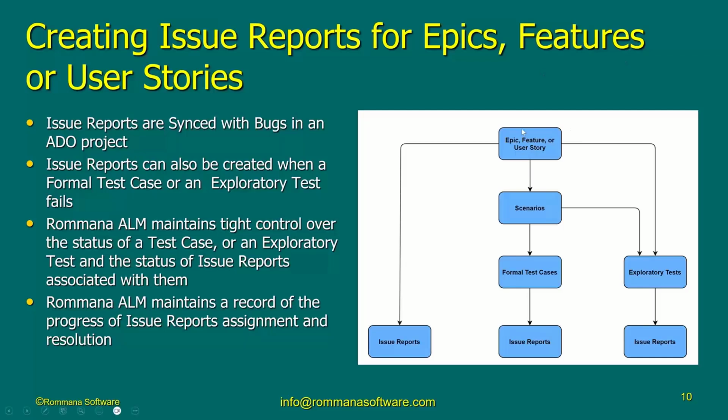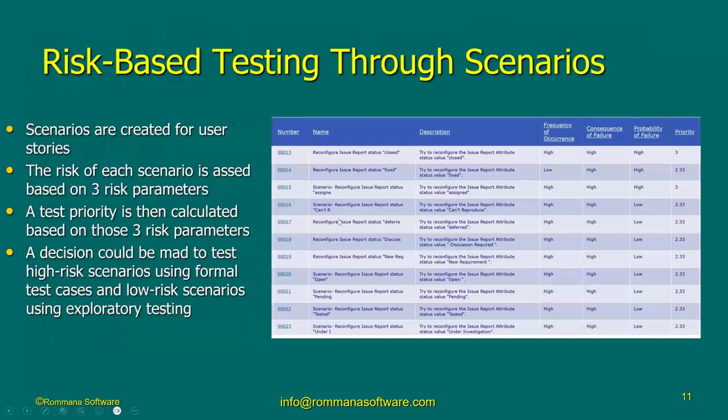You could also, just based on the review of an epic or a user story, create issue reports, because an issue report could be an issue about this feature that has nothing to do with the execution. You did not write test cases yet. All right. You could also write, as I said earlier, an exploratory test case or exploratory test sets, execute them, and if they fail, you write issue reports. Okay, these are the different ways by which you create issue reports within Rommana ALM.